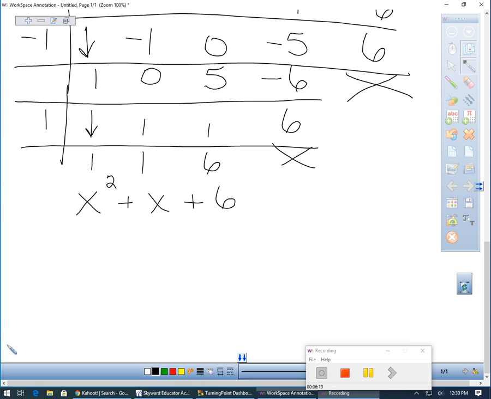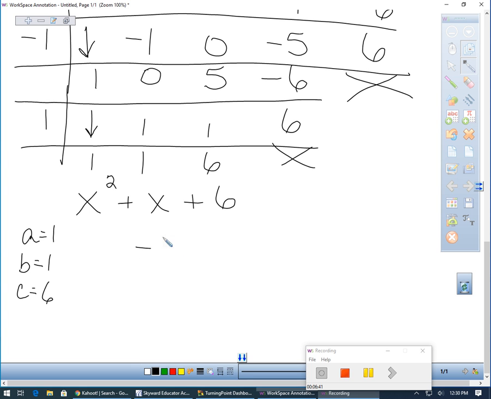Does this one go into the box, or into the x? Does it factor? No, it doesn't, does it? Okay, which means we're going to have to do the what? Quadratic formula. So, our a is 1, b is 1, and c is 6.